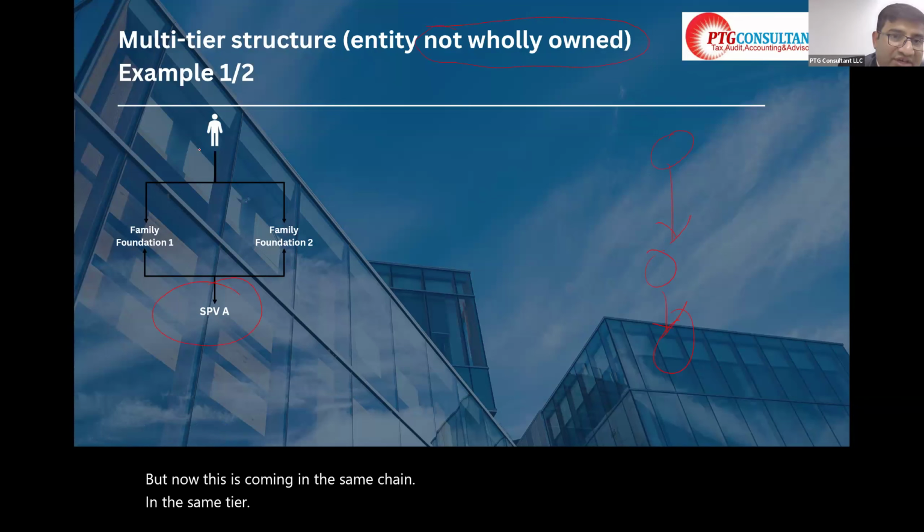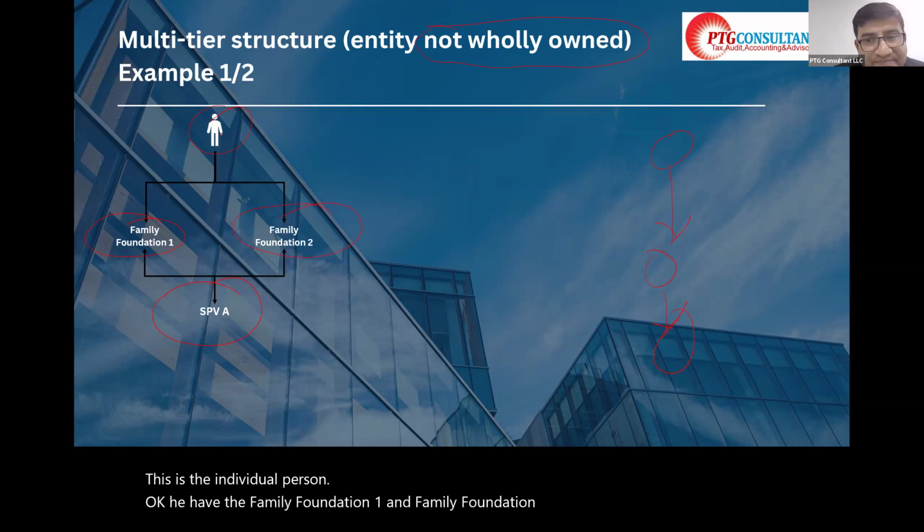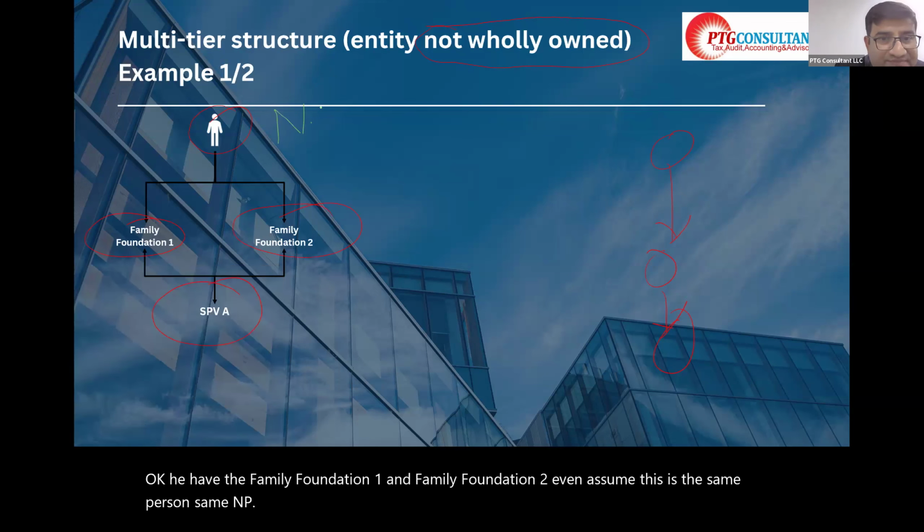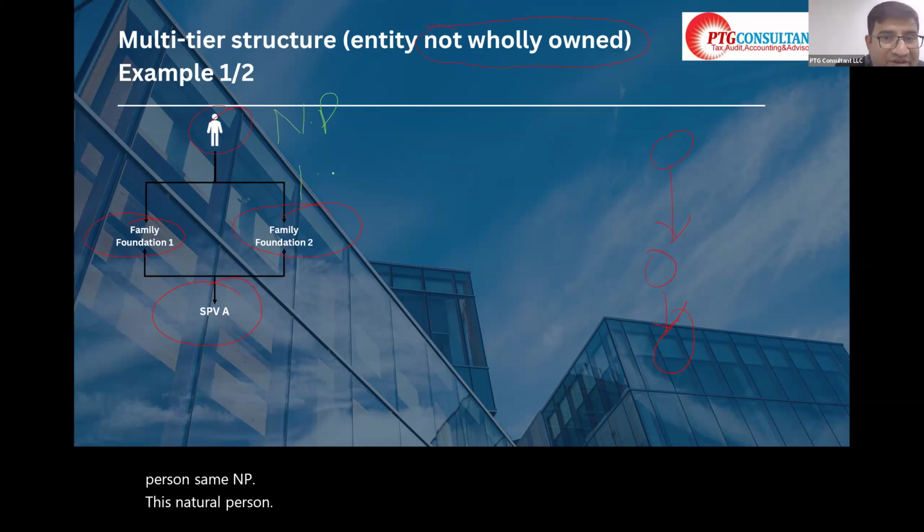This is the individual person. He has family foundation 1 and family foundation 2. Even assume this is the same person, the same natural person, who has 100% over here.